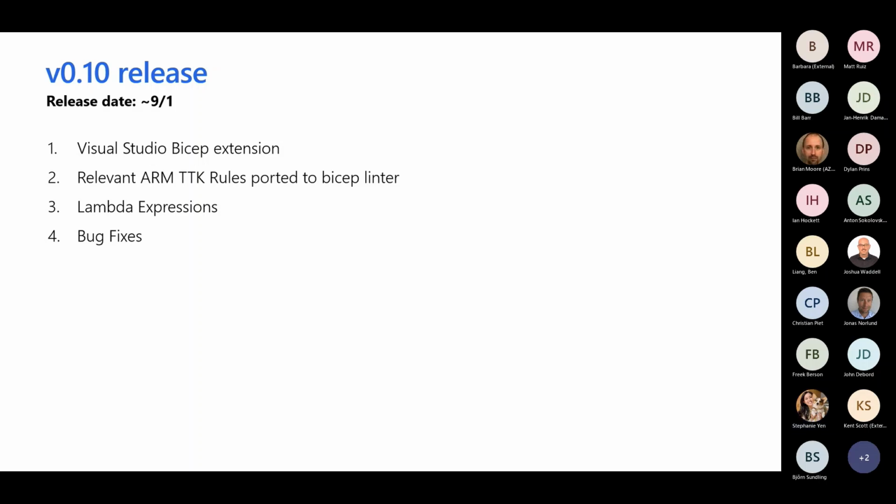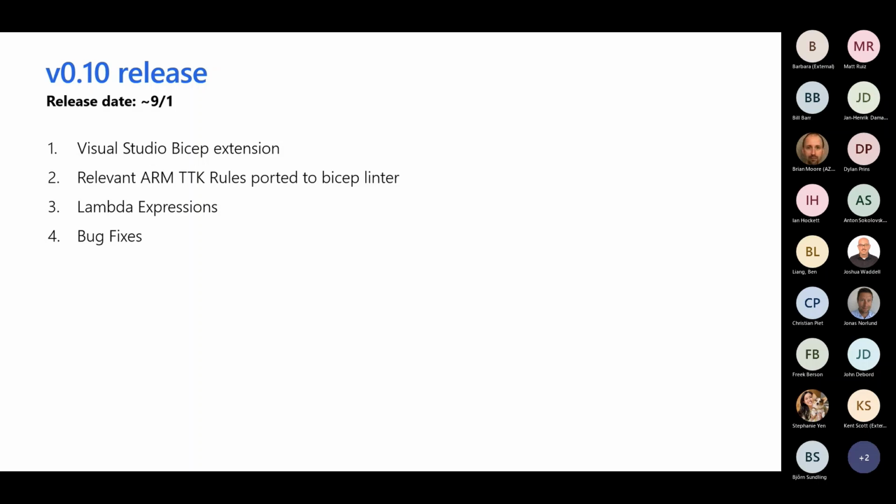Sure. Hi, everyone. So for 0.10, which should be out by September 1st, we are finally releasing the Visual Studio extension for Bicep, which we're pretty excited about. That is going to have basically all of the language service ported over, so all the basic IntelliSense and validation that you're used to.